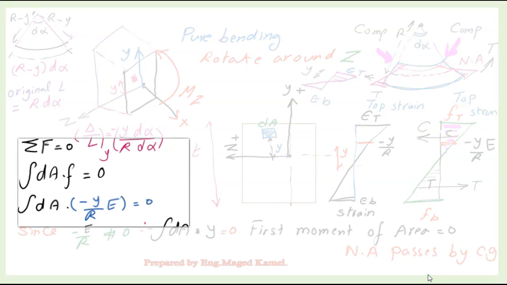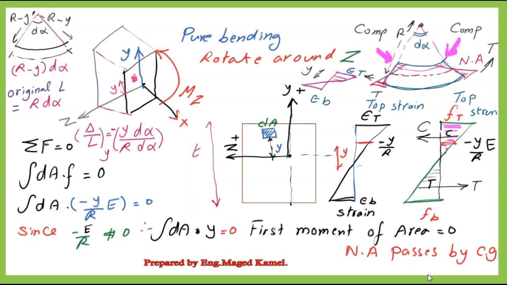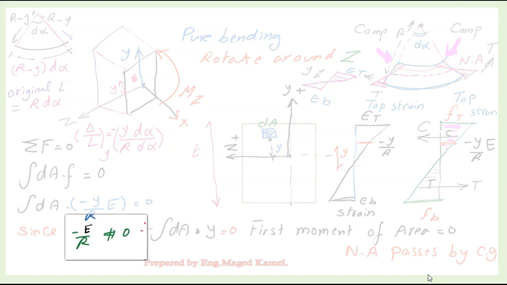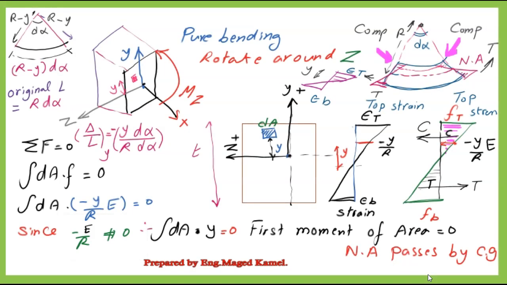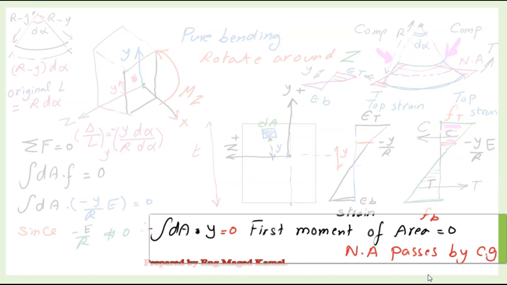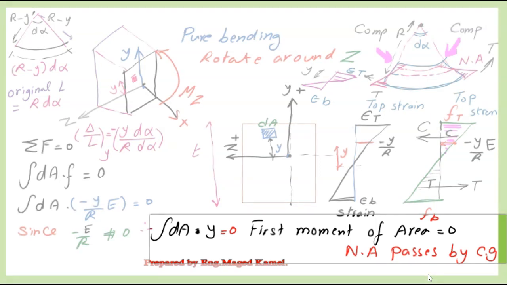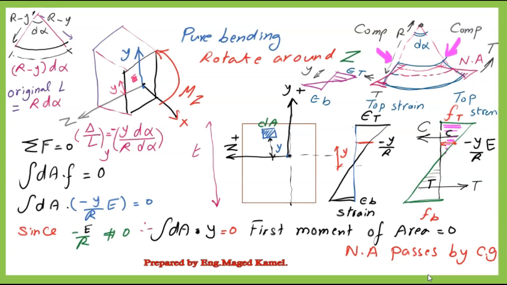And since the stress, minus y multiplied by E divided by R, integrates to 0, we notice that the E over R part has a value, so it cannot be set equal to 0. So the only thing that can be equal to 0 is the integration of y multiplied by dA.